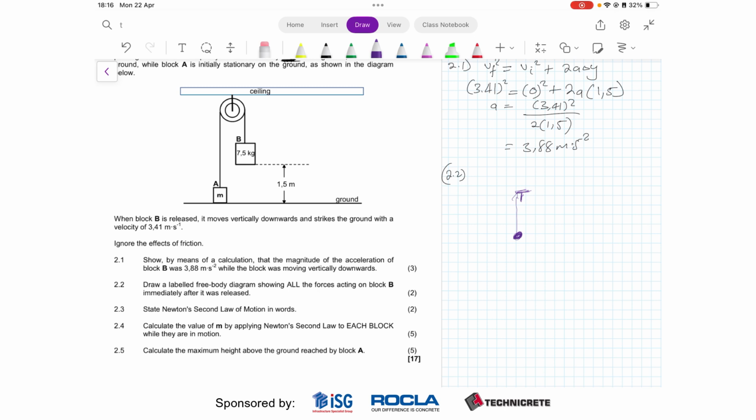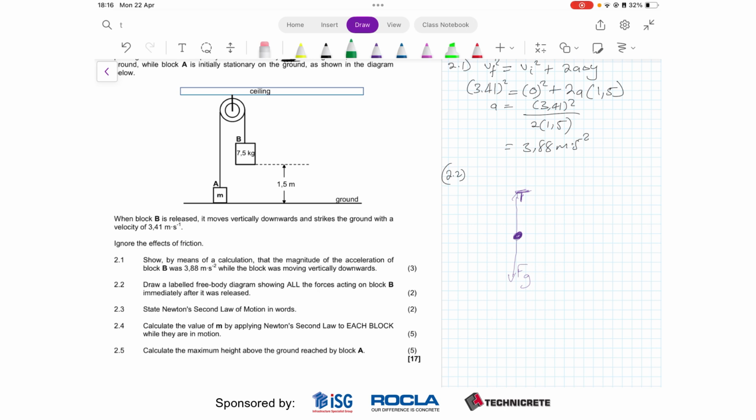Now, block B is also moving downwards, is it not? So since it's moving downwards, it means the force of gravity must also be acting on it, because A, it's moving downwards, B, it's not on the ground, so the normal force isn't there to counter the force of gravity. So what do we do then? We include the force of gravity, or the force due to gravity.